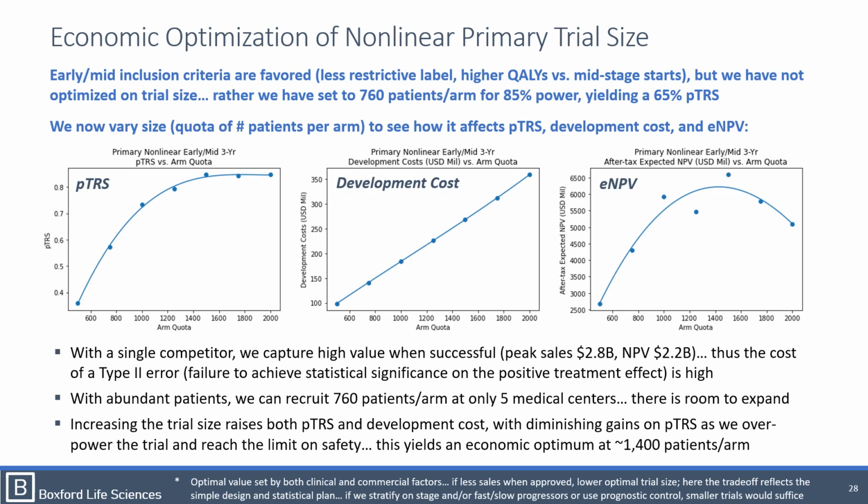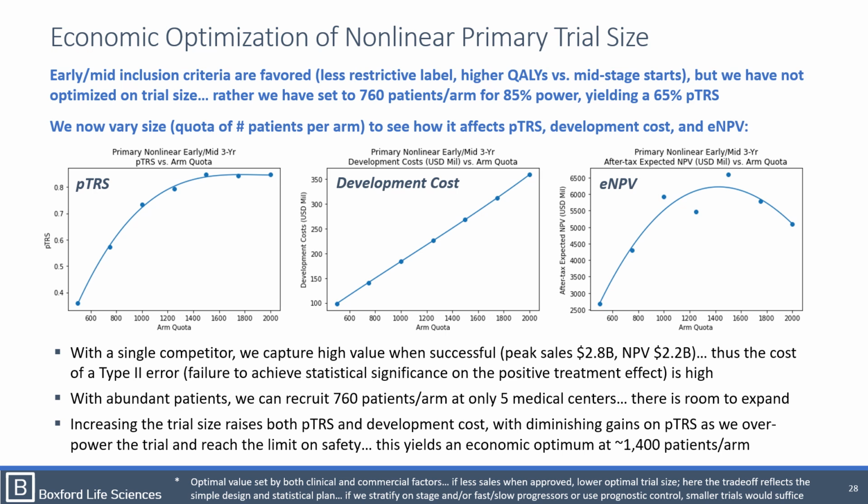Now, until now, we've been using these economic calculations in order to select the optimal program design among qualitative factors. So should I use a 1-year protocol or 3-year protocol? Should I use a broad, early mid inclusion criteria, or should I try restricting it in order to enable a smaller trial?